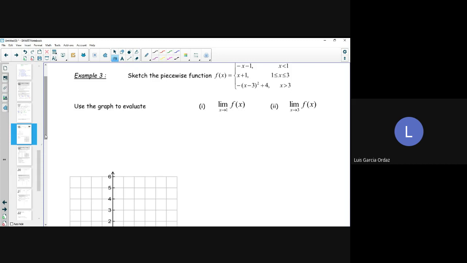And then we have negative (x minus 3) squared plus 4, where x is bigger than 3. So now it is up to us to determine some of these limits. But before we do that, we kind of got to sketch our piecewise function out. So when the sign is just greater than, are we going to have an open dot or closed dot at that specific x value?